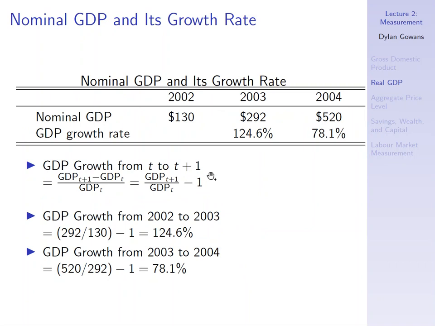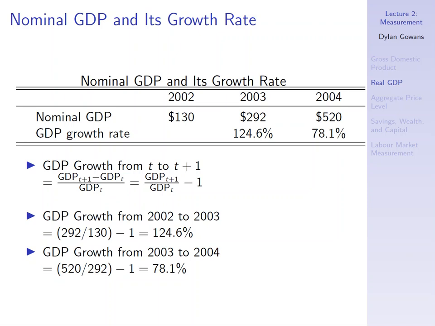This is the formula for the growth rate. It's the change in GDP from one year to the next divided by GDP in the original year. Or you can rearrange that to be GDP in t plus 1 divided by GDP in period t, minus 1. They're the same thing. Doing that gives you the following rates of growth. Between 2002 and 2003, nominal GDP grew at almost 125%.